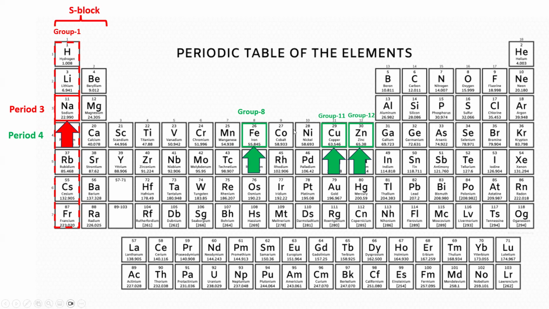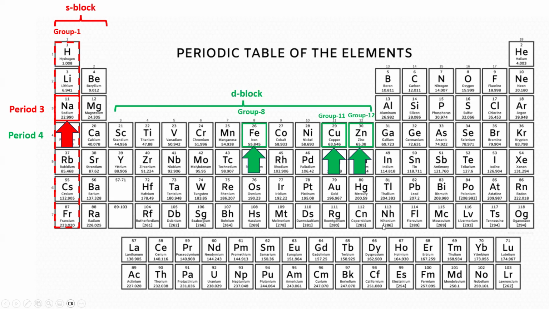One more thing that can help you to identify the properties or make a better comparison is that sodium belongs to the S block elements, and in the S block each and every element or metal definitely has a characteristic electronic configuration where the last electron is in the S orbital.